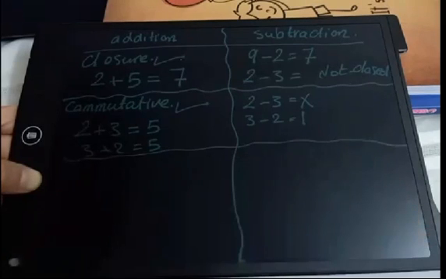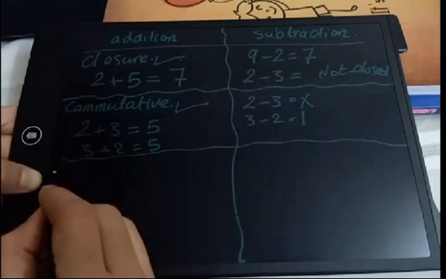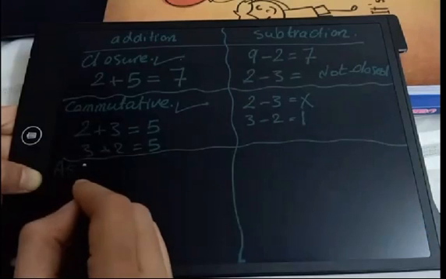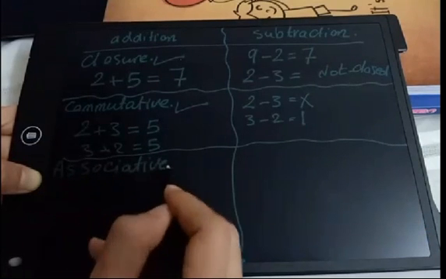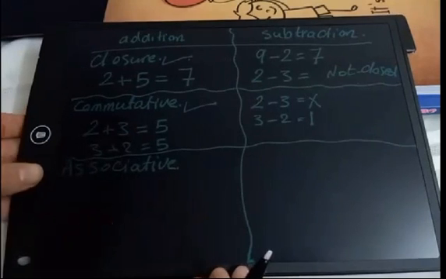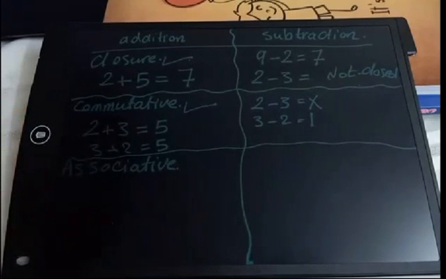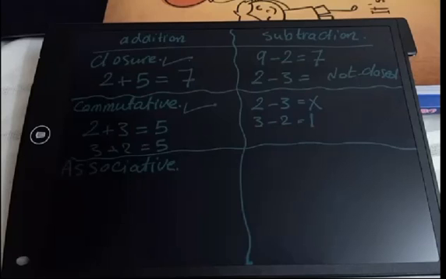The next property, and it's what? Who can remind me? Associative. Yes, associative. And what is the meaning of associative? That means that we put some numbers together in brackets. It doesn't have to be only two numbers.